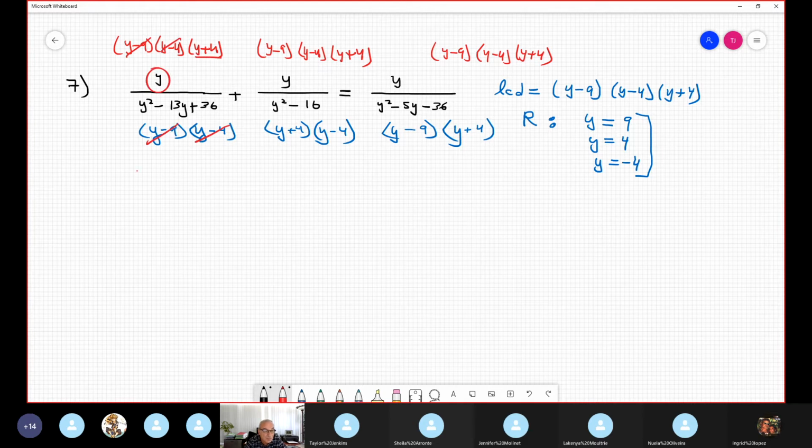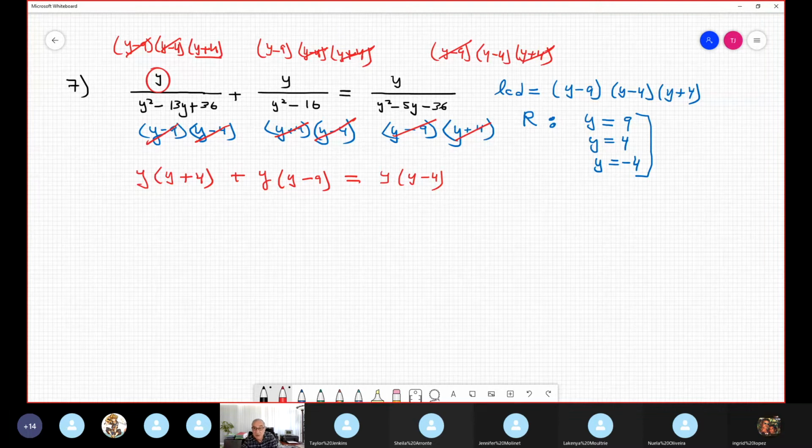Don't forget this y. This and this say goodbye. Stay only y times (y minus 9). Here, y minus 9 is cancelled, y plus 4 is cancelled. Stay only y times (y minus 4). This equation is equivalent to the original, under the consideration that this value is completely out of the game.